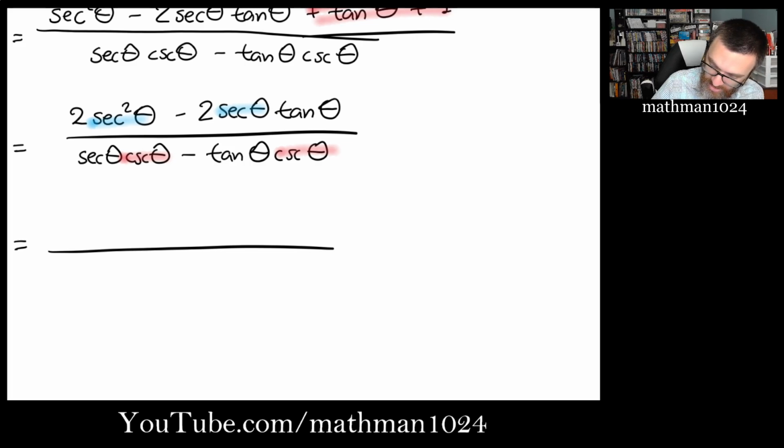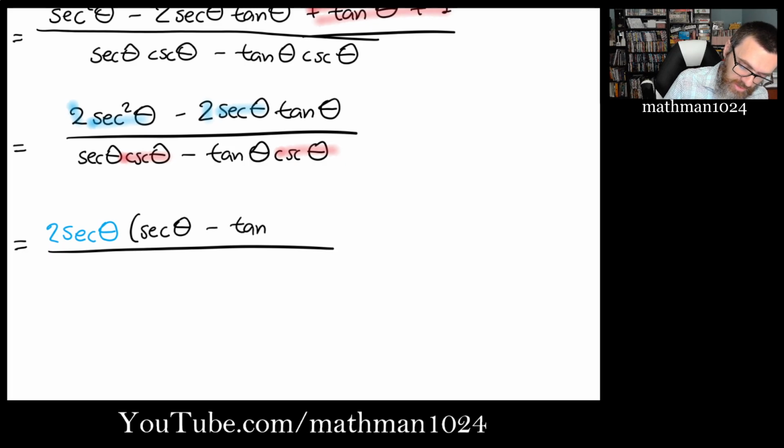So big fraction, we're going to factor out, not just secant, but we've got a 2 there. So let's go and factor both of those out. So take out 2 secant of theta, and we'd be left with secant theta minus tangent of theta.